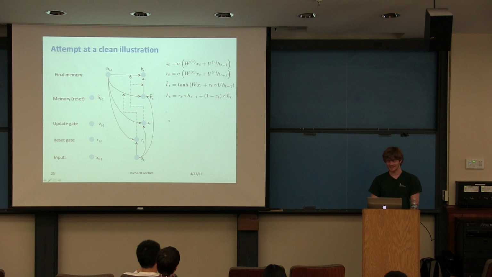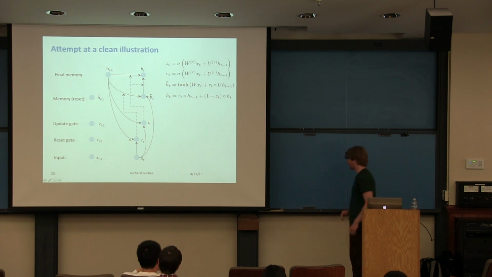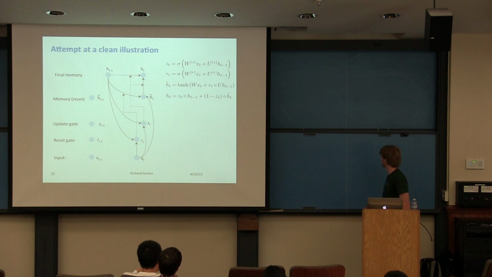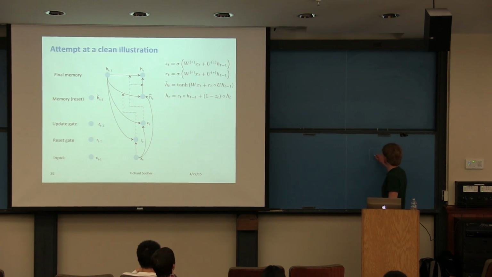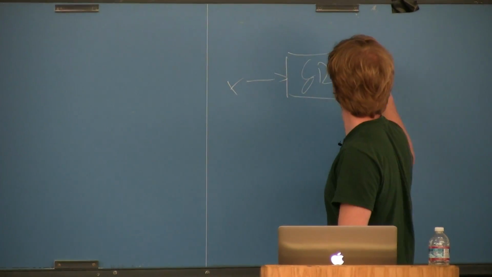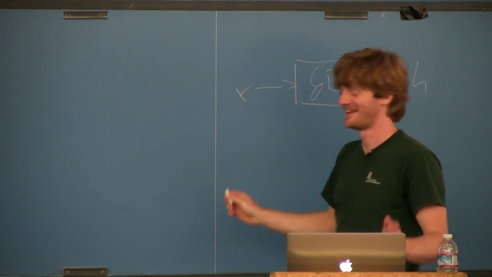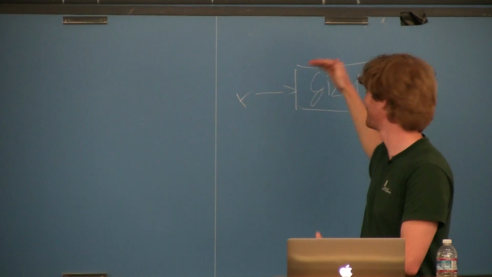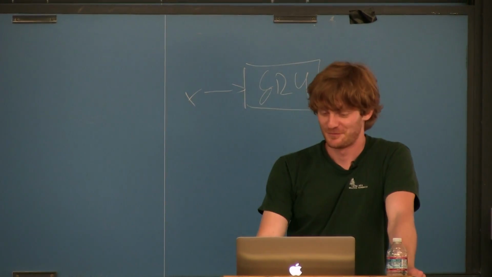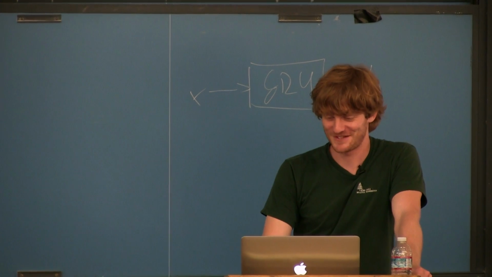In fact, these things get so complicated that the most popular way to, in the end, describe these kinds of models is just saying like, GRU, you have some X, you get some H out. And now you can stack them and you can put them together in various crazy ways. So we'll get to that for LSTMs.